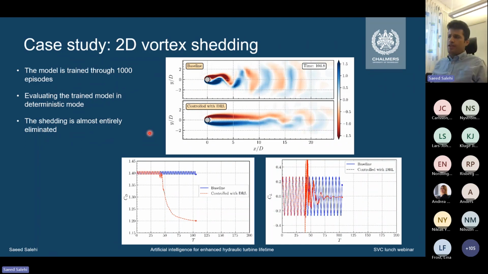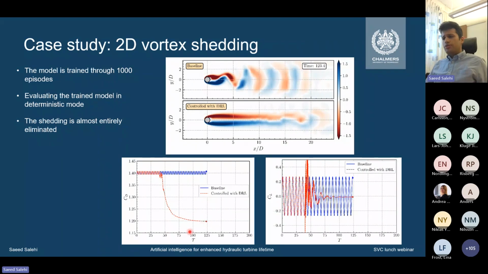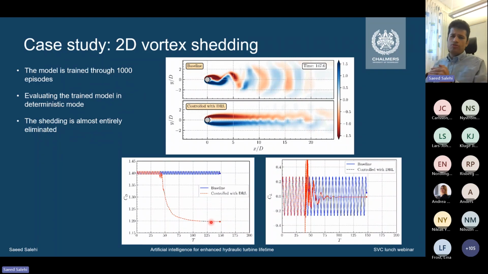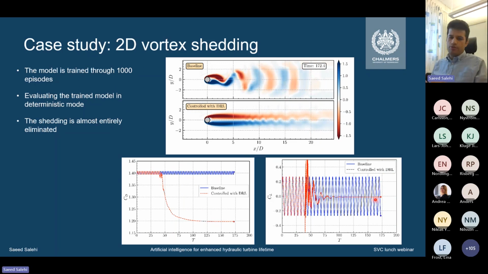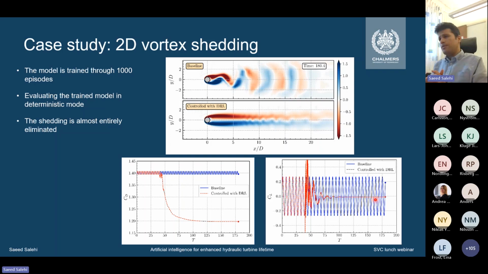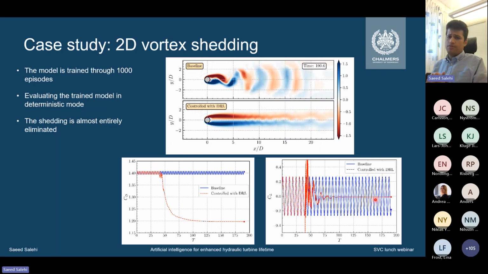You can see that when time continues, we get to a minimum drag coefficient that is very close to the drag coefficient when there is no vortex shedding. And the lift coefficient is actually very close to zero. That means that the trained model is able to successfully almost entirely remove the vortex shedding and reach a very stable condition.